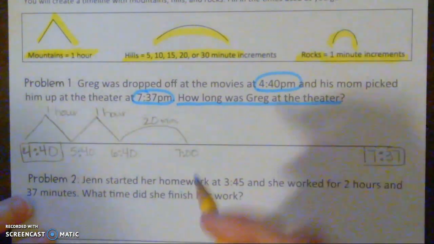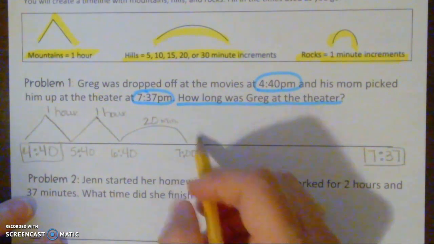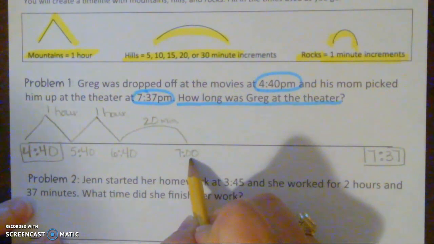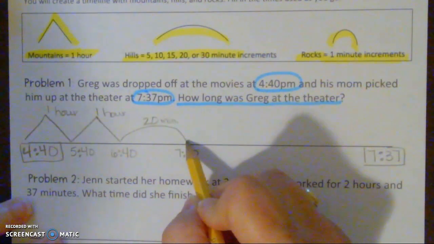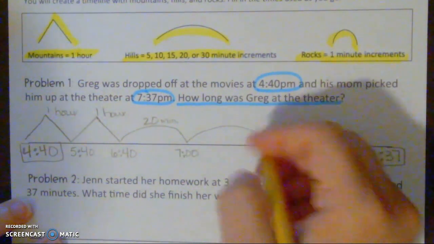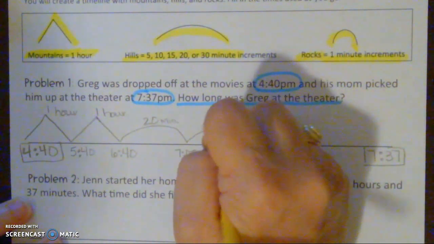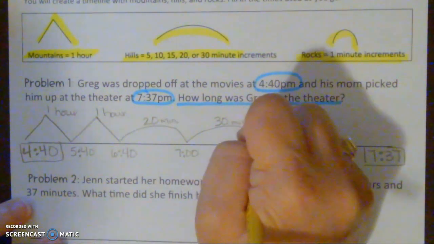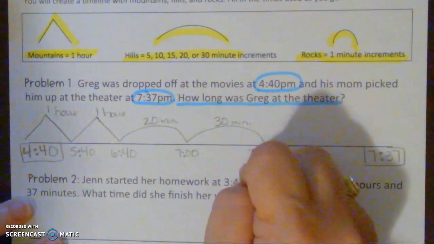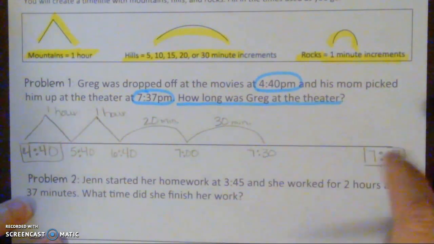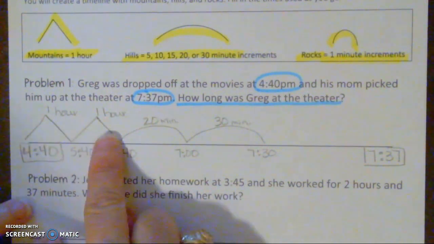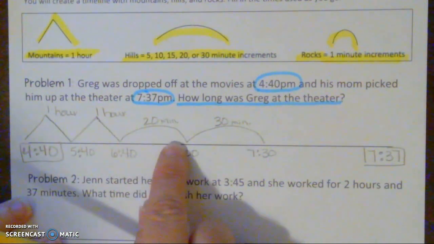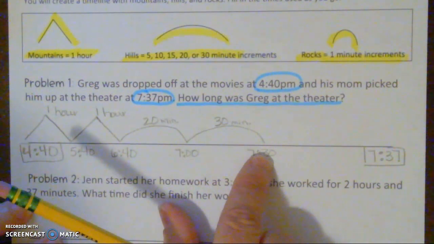Maybe that'll help. From 7 o'clock, we can make another mountain. We can go 30 minutes, and if we go 30 minutes, we still only get to 7:30. So we still have some time left. So far we've gone 2 hours, 20 minutes, and now 30 minutes.